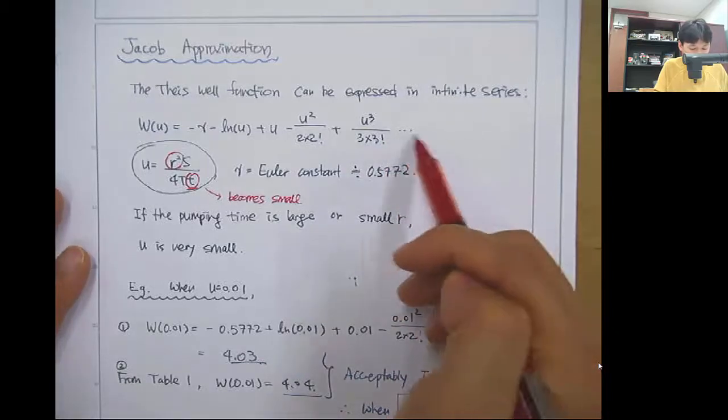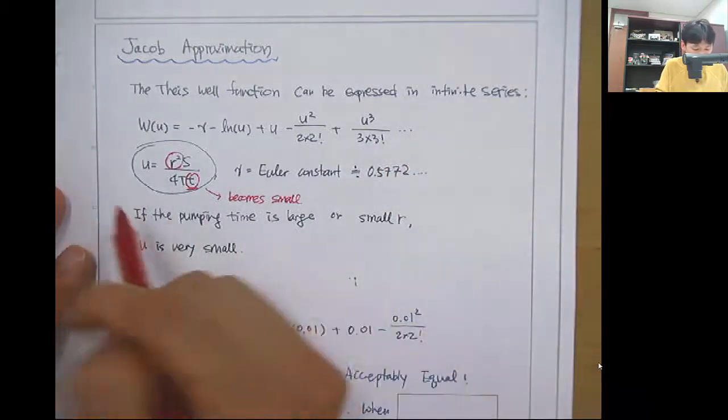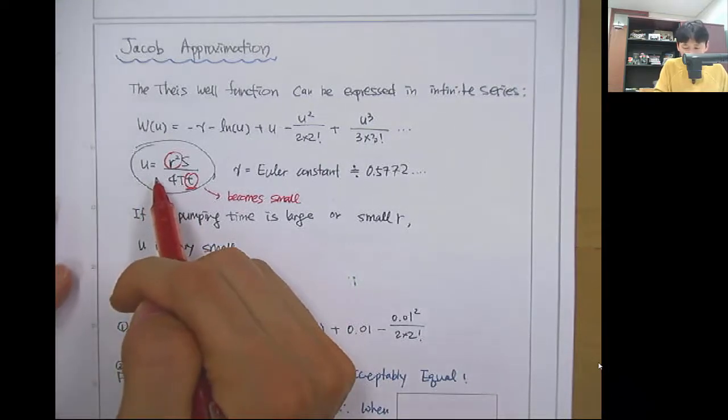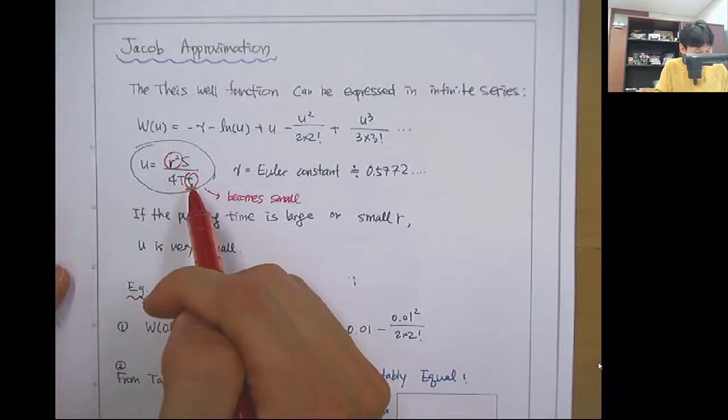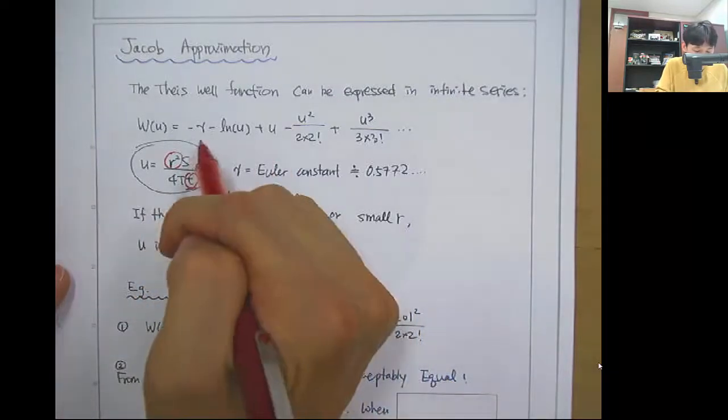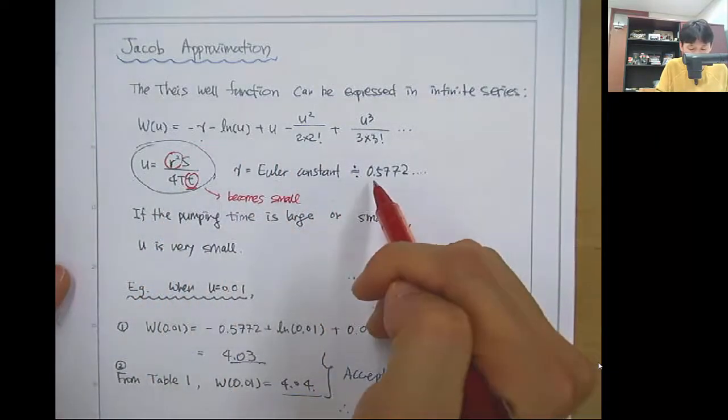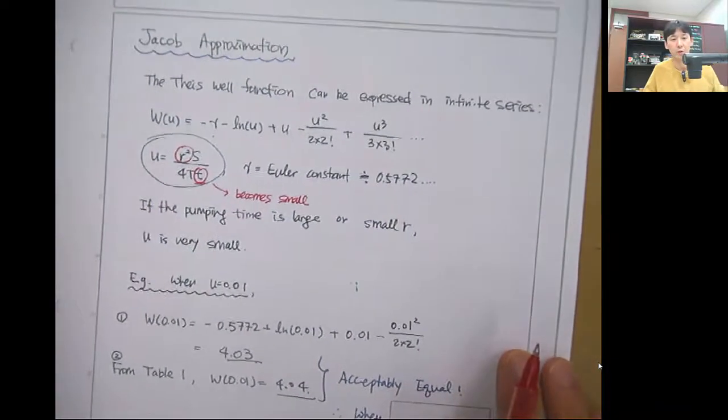Then etc. etc. You can go over and over. And then here the u is also defined as r squared times s over 4t and small t. And here gamma is the Euler constant, so 0.5772 is typically used.